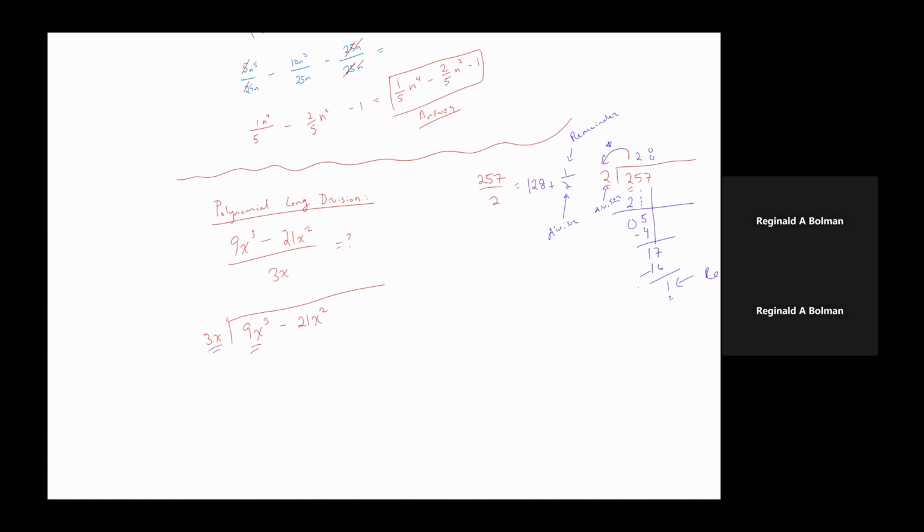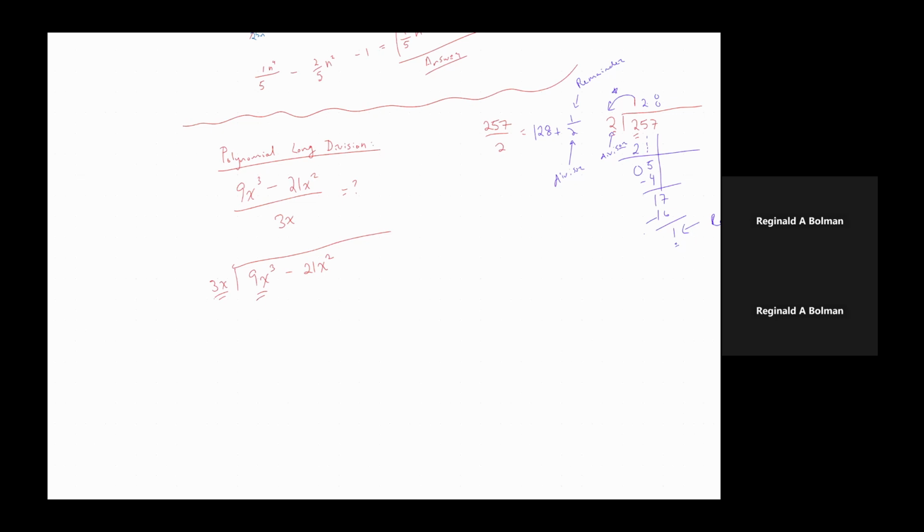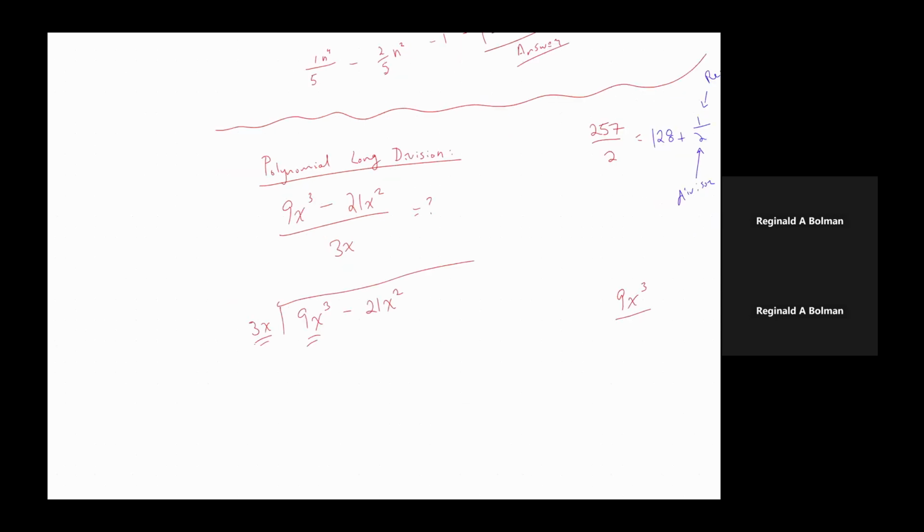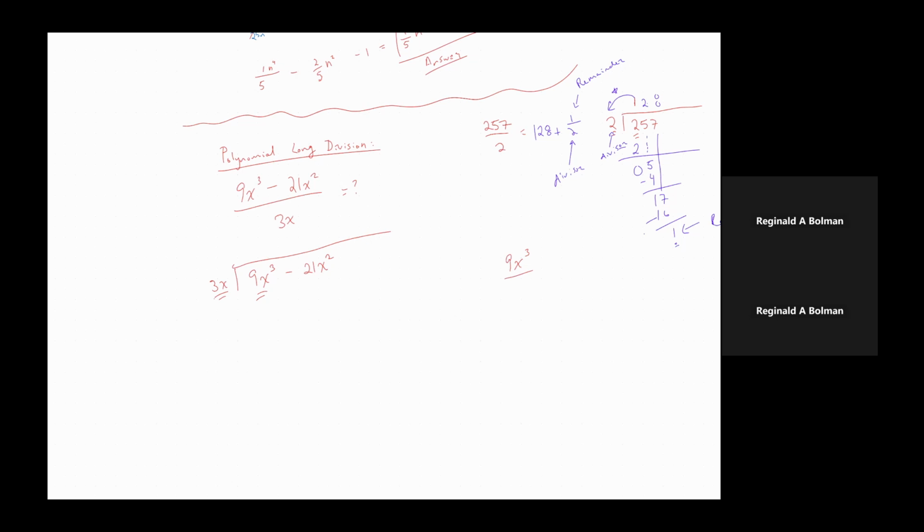Okay, so you go over to the side of your page and ask yourself, what happens when you divide 9x cubed by your 3x term?